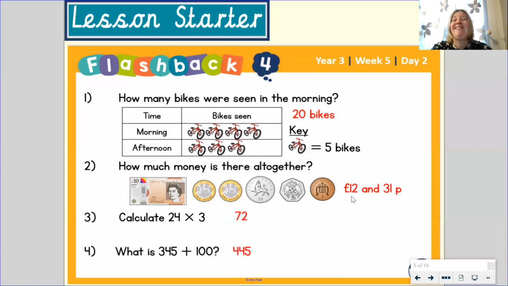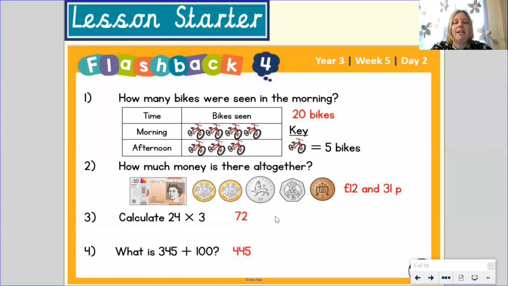So I've got £12 and something. Then I need to add the rest of my coins. 10p and 20p is 30p. If I add my 1, it gives me 31p. So altogether we have £12 and 31p.